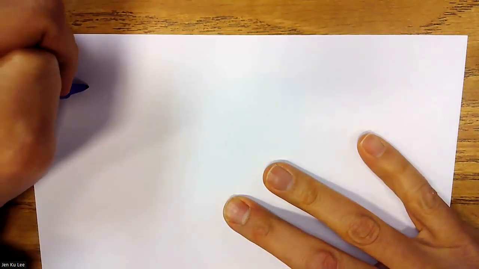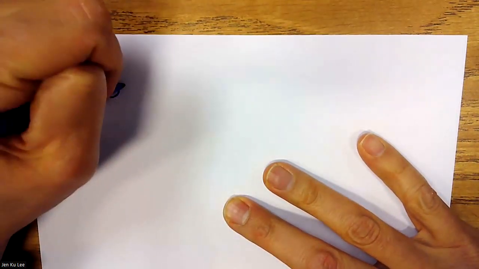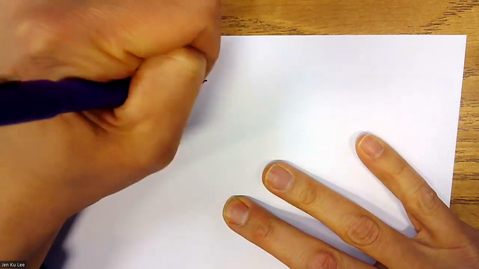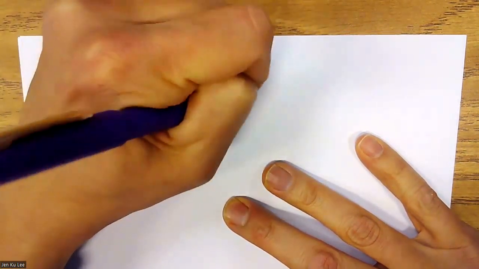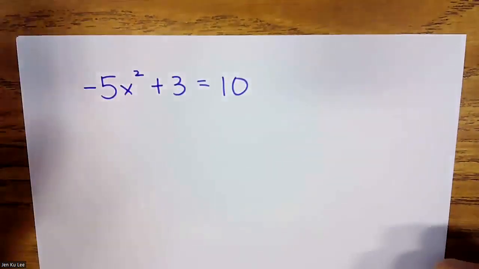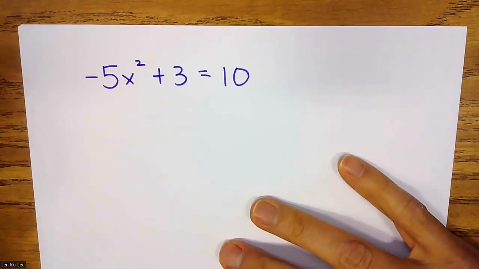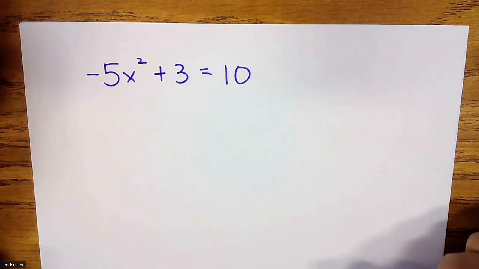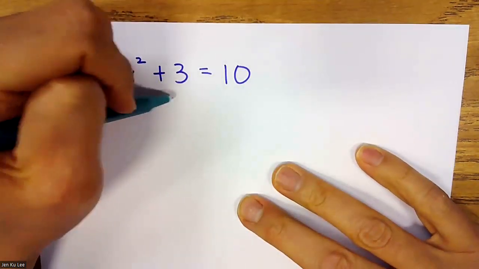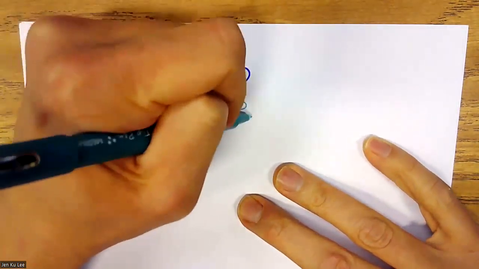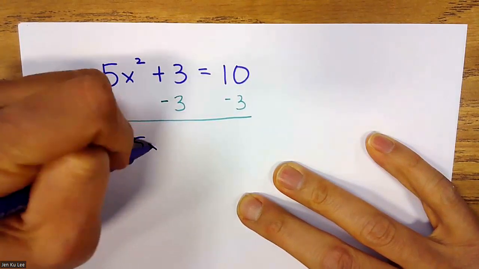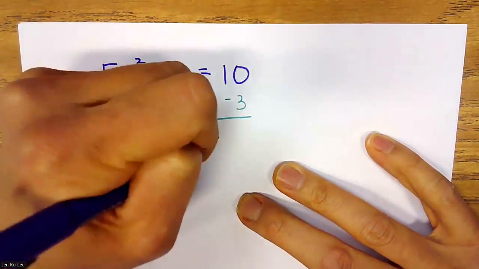If we have this equation, negative 5x squared plus 3 equals 10, I am going to isolate my x again. Same steps, subtract 3, subtract 3. We have negative 5x squared equals 7.